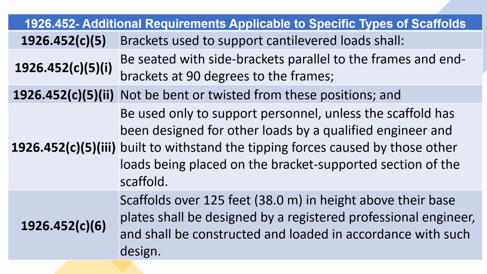Be seated with side brackets parallel to the frames and end brackets at 90 degrees to the frames, not be bent or twisted from these positions, and be used only to support personnel, unless the scaffold has been designed for other loads by a qualified engineer and built to withstand the tipping forces caused by those other loads being placed on the bracket-supported section of the scaffold. 1926.452 C6. Scaffolds over 125 feet (38.0 meters) in height above their baseplates shall be designed by a registered professional engineer, and shall be constructed and loaded in accordance with such design.